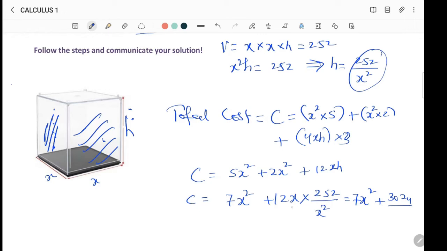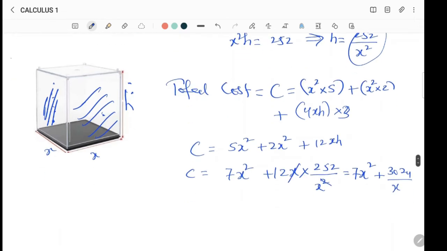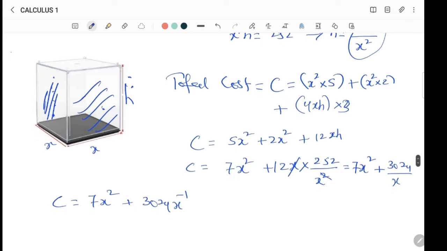Yeah, 12 times 252, 3024, and 1x we can cancel, so this is x here. Great. C is 7x square plus 3024 x to the power minus 1.